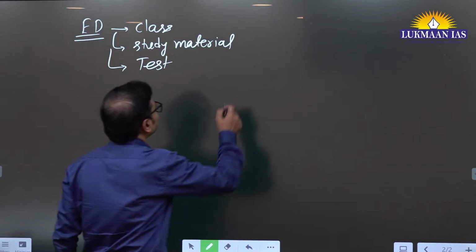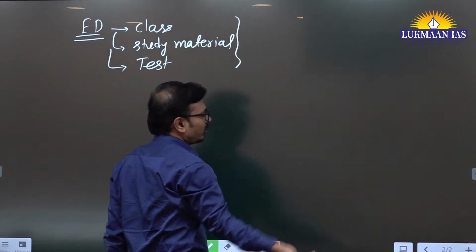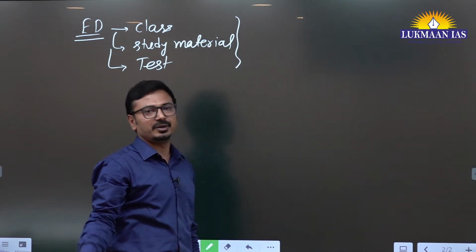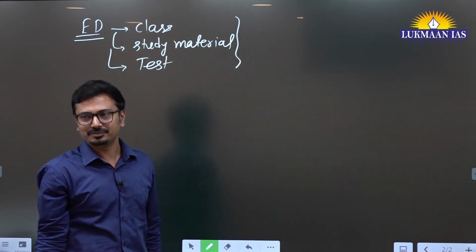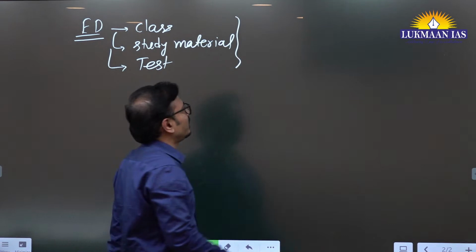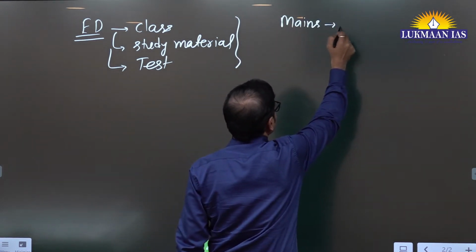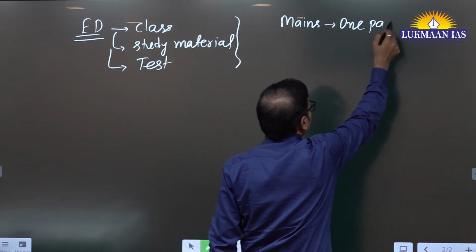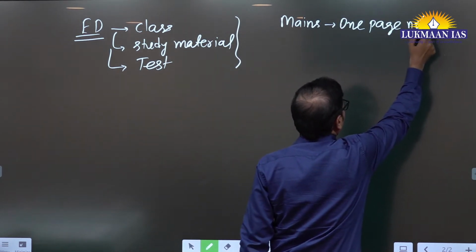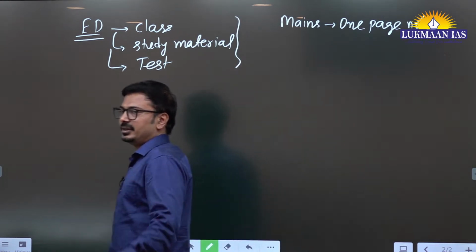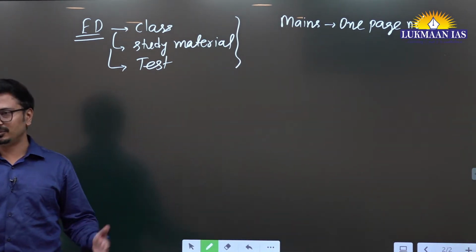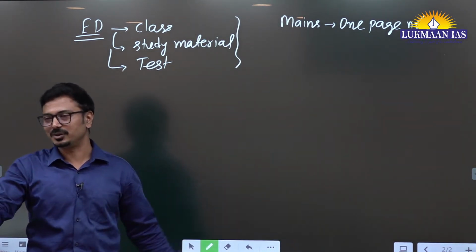Now, how to take inputs? I said that we have already condensed it into 3 to 4 or 5 pages, but that is also very bulky for you. So I tell students, for mains perspective, we should make notes. You were there last year. So in the first session, I tell this thing to students.